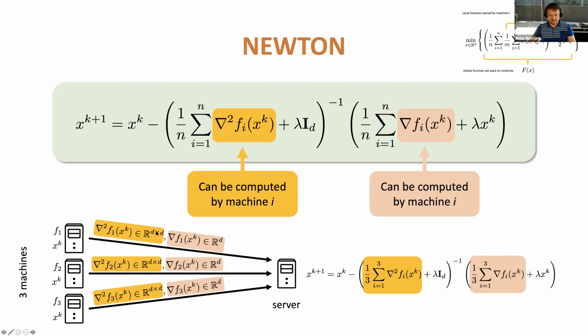These are D by D matrices, and if D is millions, then this is just crazy big, and D could even be billions. So D could be very, very large. So that's the bottleneck, and that's why people would not really implement Newton's method in a distributed fashion, or would have a very hard time implementing it in this naive way. So this is a very naive implementation, obviously.